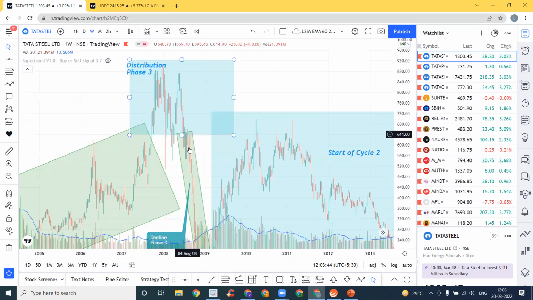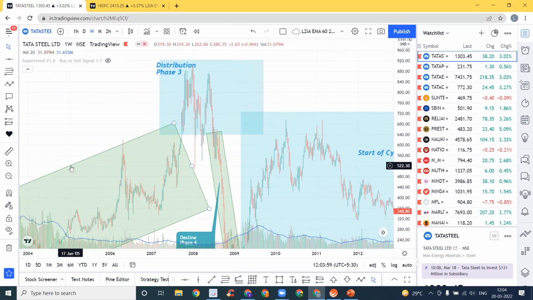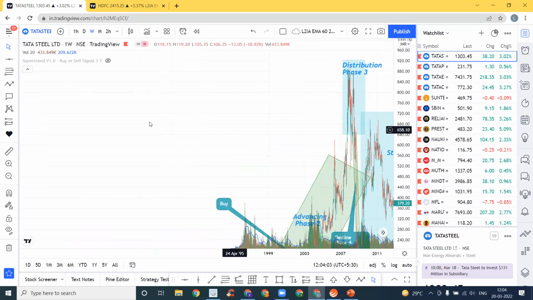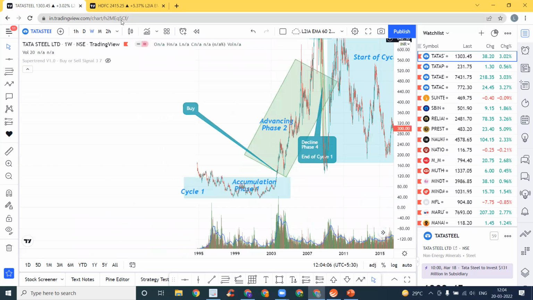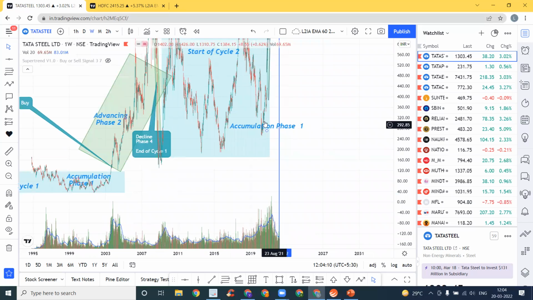तो ये डिक्लाइन फेज में आ गया और मेरा साइकिल 1 खत्म हुआ. So my cycle 1 got over from 95 to 2008. That is the stage of the market cycle. कितना लंबा साइकिल गया कि हम लोग ने बाय किया था यहाँ 95 में, लेकिन फाइनली वो क्लोज हुआ 2008 में in that particular phase.